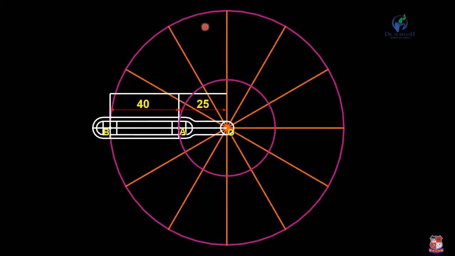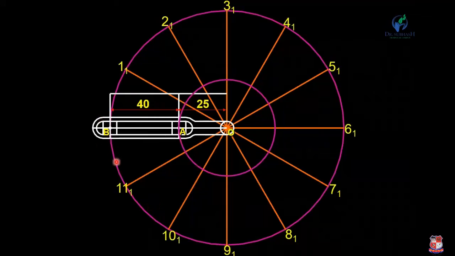Now divide this circle into 12 divisions, 1, 2, 3, 4 up to 12. Now divide this distance AB into 12 divisions.